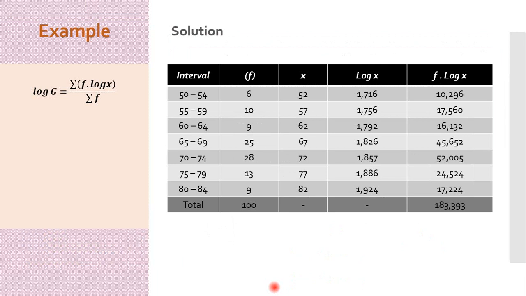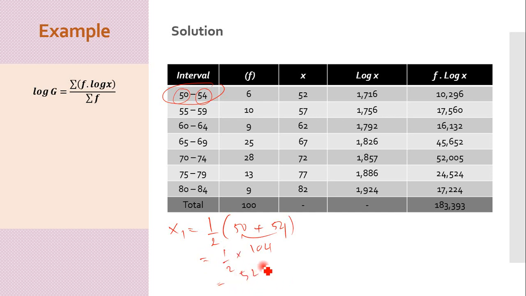To calculate x, I have said that x for the first class is half of the lower limit plus the upper limit. This is the lower limit, and this is the upper limit. The lower limit is 50 and the upper is 54. 104 times half is 52.